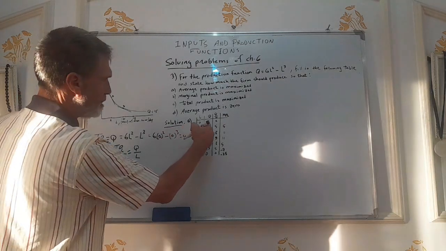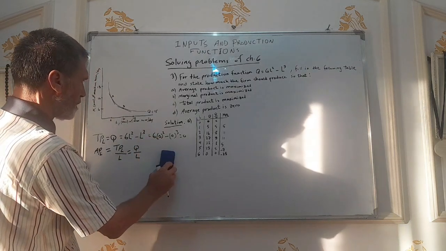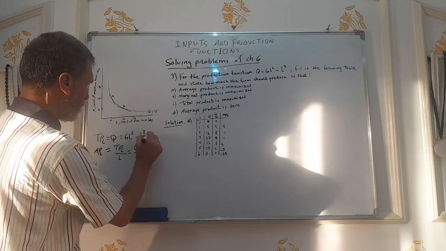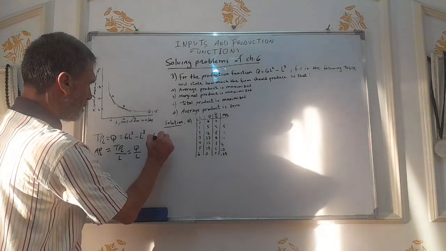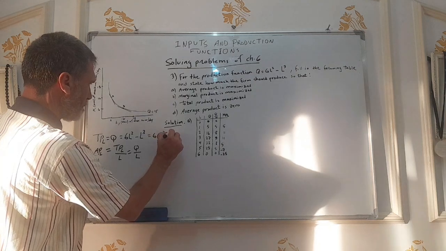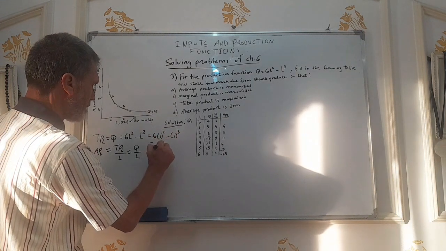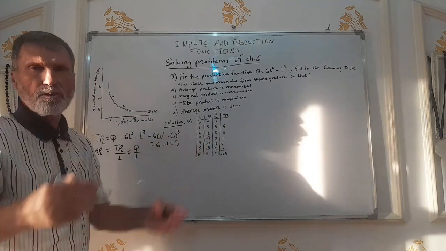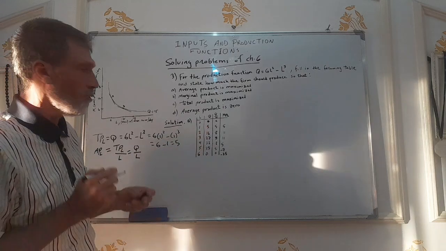Now we take the other one, just to show you exactly how to do that: 6 times 1 squared minus 1 cubed, which is 6 minus 1, equal to 5, and so on and so forth. We can fill out Q, which is the total product of labor.